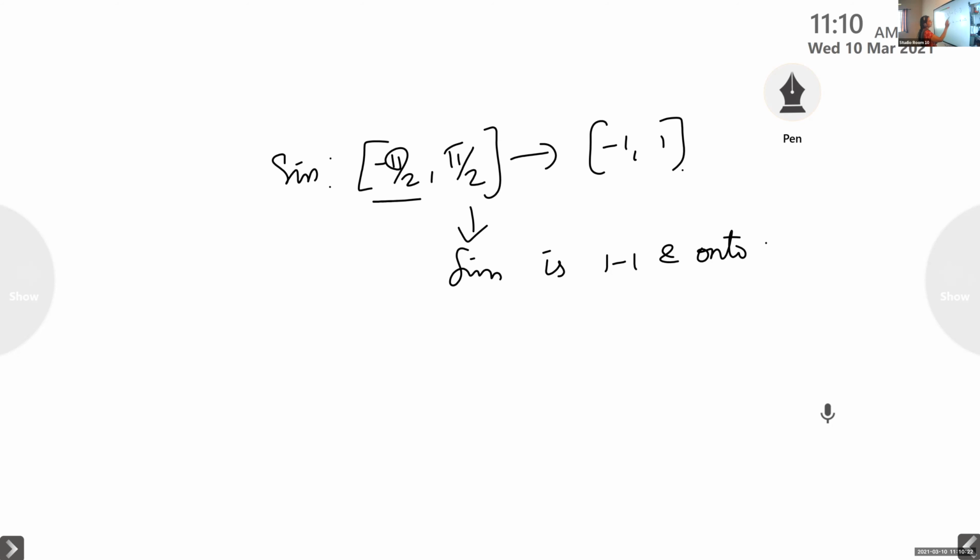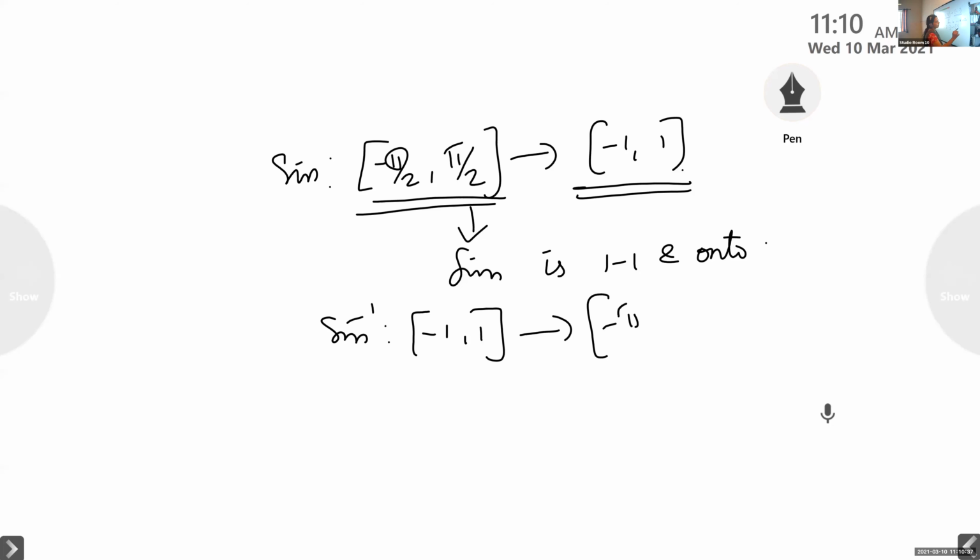If you take this as the domain and this as the range, it will become one-one and onto. So we can define sine inverse. So what about sine inverse? Sine inverse is a function from -1 to 1 to the closed interval -π/2 to +π/2. Is it clear?